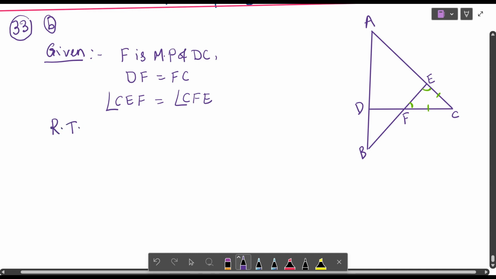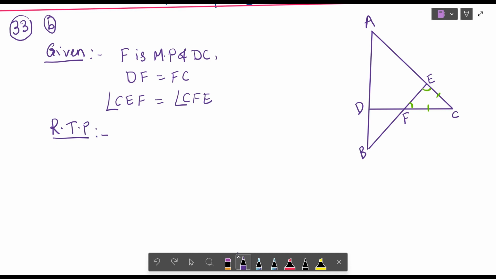What we have to prove here, students? We have to prove AB by BD will be equal to AE by FD. Okay, this is what we are going to prove here, students.